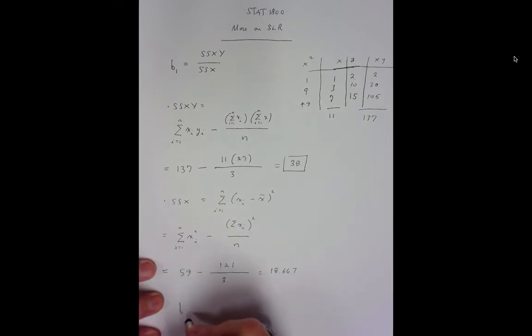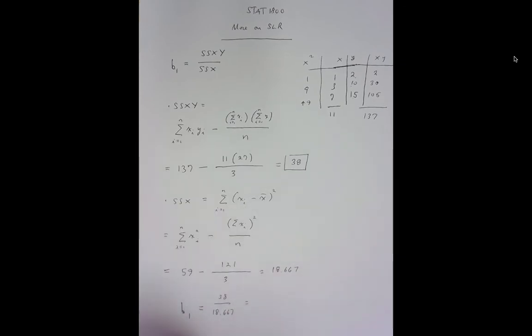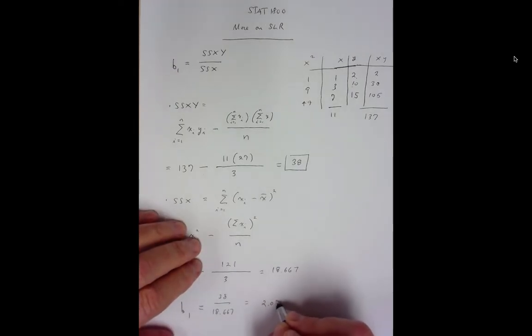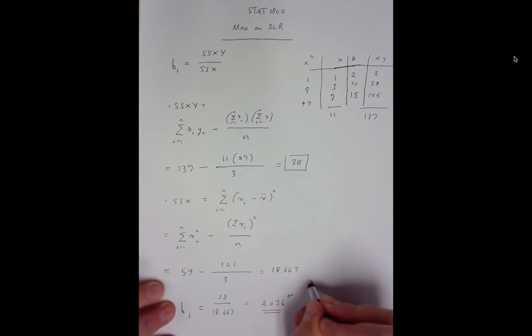So guys, our B sub 1 is going to be 38 over 18.667. When I put that in my calculator, I get 2.036. And if you remember from the previous video, that should look very familiar because that was our slope.